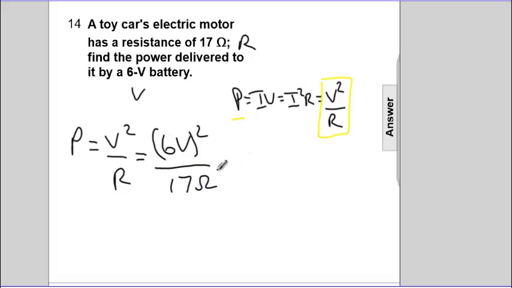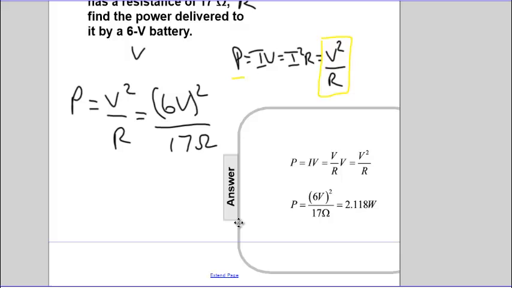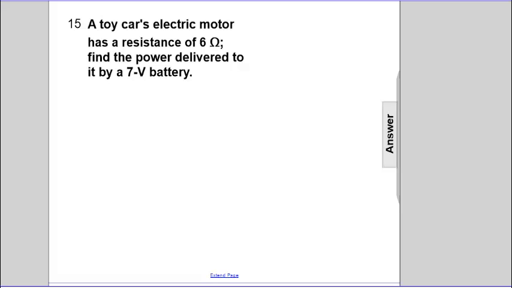So it's going to be 36 over 17. Let's reveal the answer. We end up with 2.118 watts. That means about 2 joules of energy are converted every second. Not a lot of energy, really. Next, a toy's electric motor has a resistance of 6 ohms.